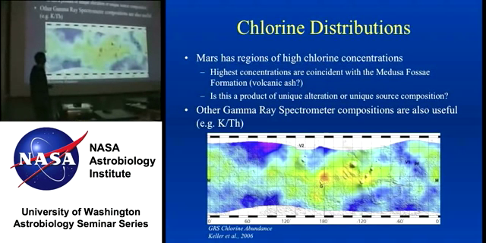And so the question is, is this a product of a unique alteration, or is it a unique source composition? We don't know either way, but the high chlorine contents are suggestive of some kind of aqueous process that could be occurring regionally on Mars that we're not really detecting otherwise.